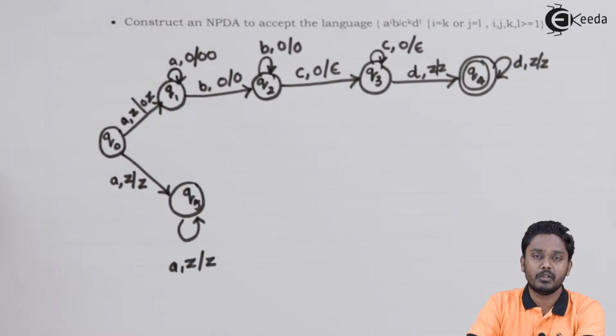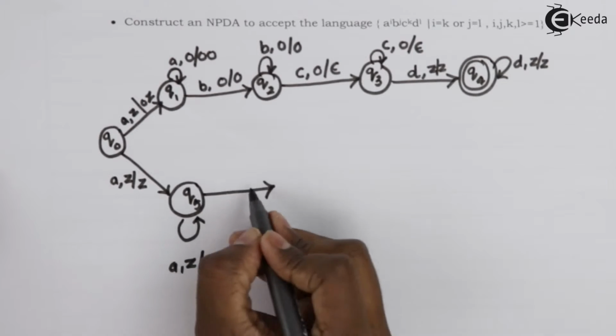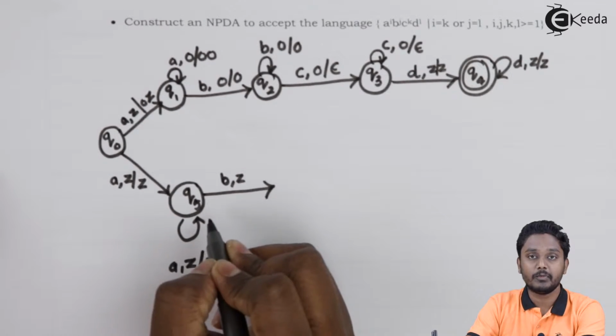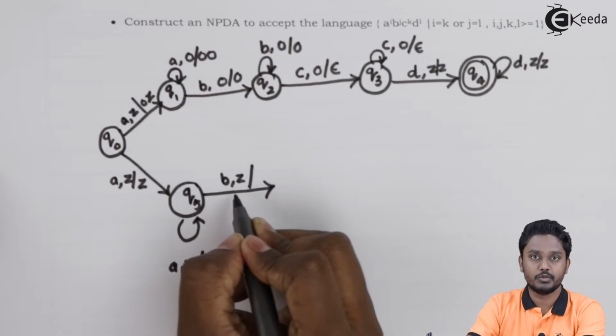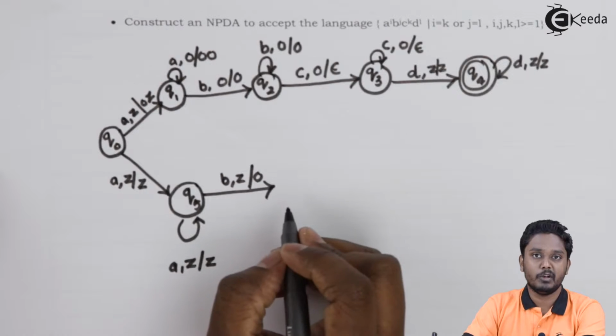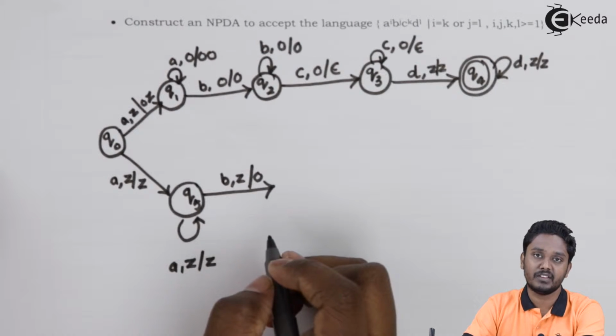Now we'll start encountering B's. B with Z as the top of the stack pushes 0. Now we need to count the number of B's. So with every B, we will push one 0 onto the stack.